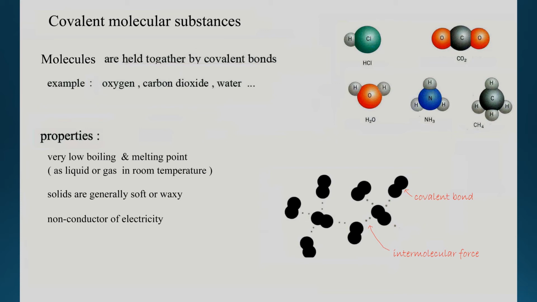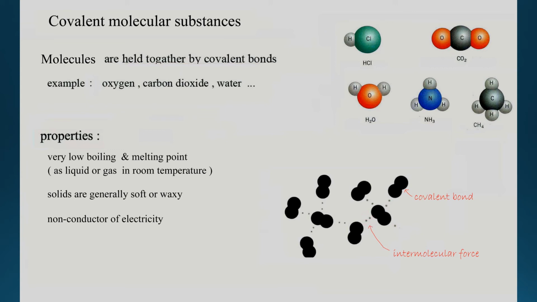And this explains it. Yes, within the molecule they are covalent. Here is the covalent bond, and here is the covalent bond. To break a covalent bond, you need about 1,000 degrees. But to break the intermolecular force, a maximum of 100 to 200 degrees is good enough.